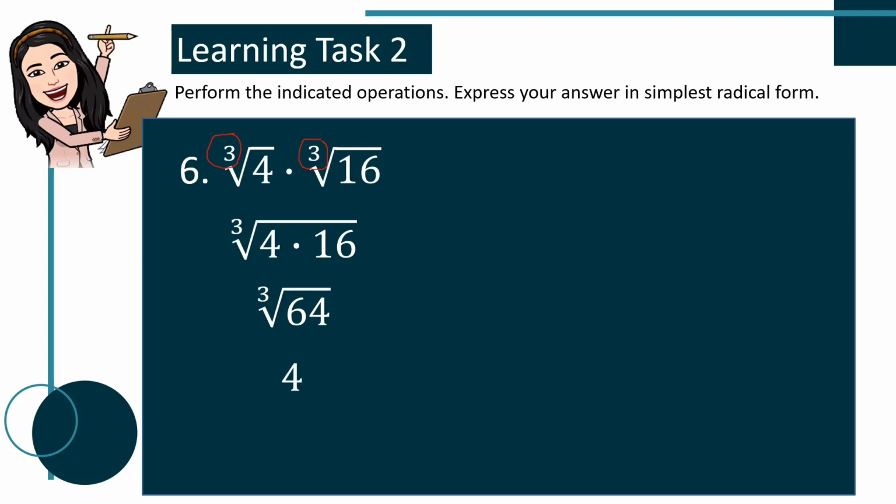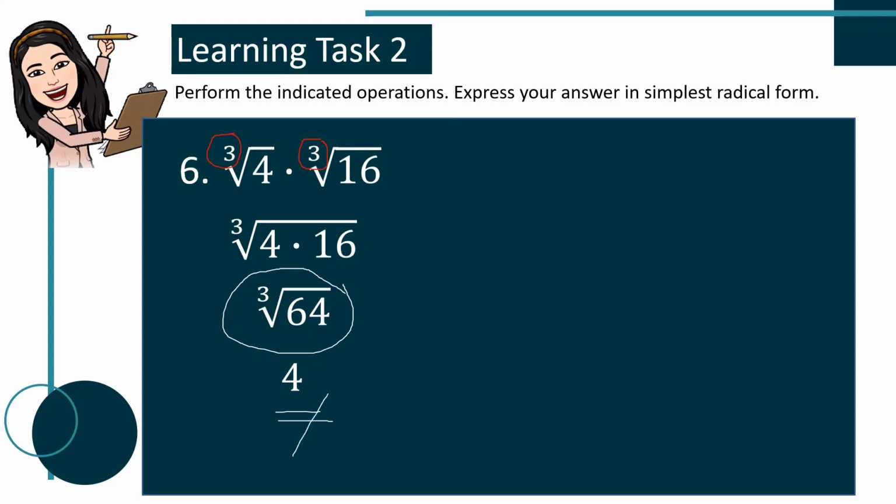Kasi 4 times 4 times 4, di ba 4 times 4 is 16, 16 times 4 is 64. So, ibig sabihin, we can extract this into 4. Or pwede na nating alisin si 64 sa loob ng radicand by getting its root, and that root is equal to 4. Did you understand? Okay, that is for number 6.